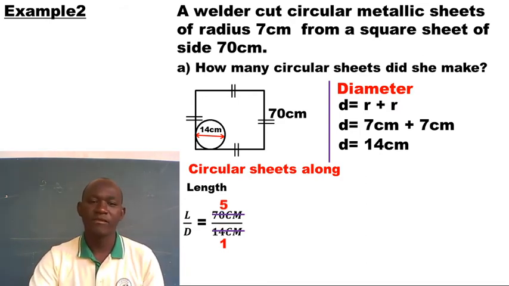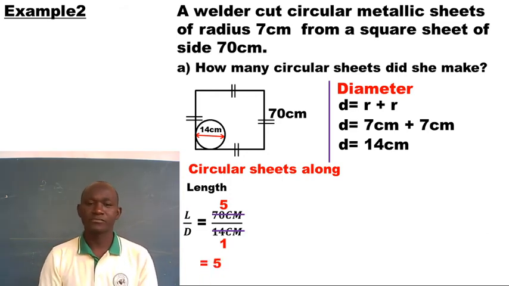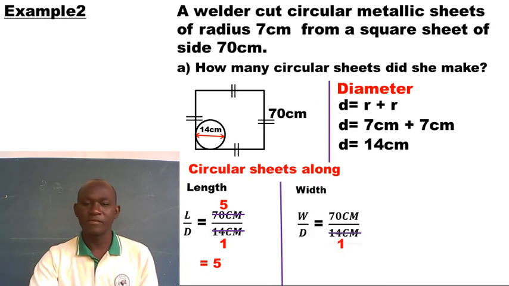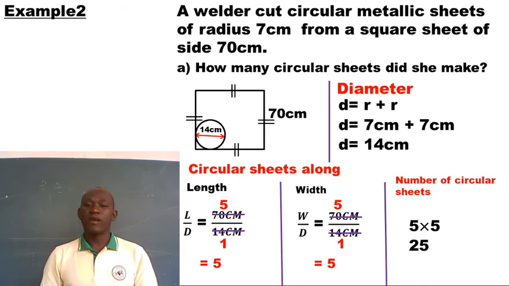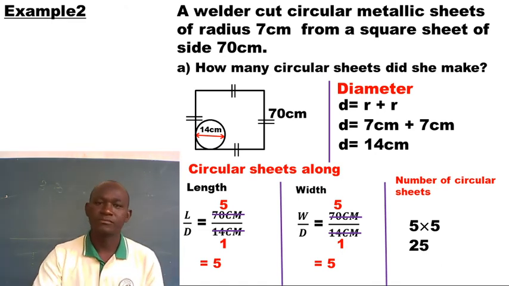That means along the length, we have 5 sheets that can be cut. What about along the width? Still the same thing, we have 5. Now, how many sheets do we have? Just multiply, 5 times 5 to give us 25 circular metallic sheets from that square sheet.